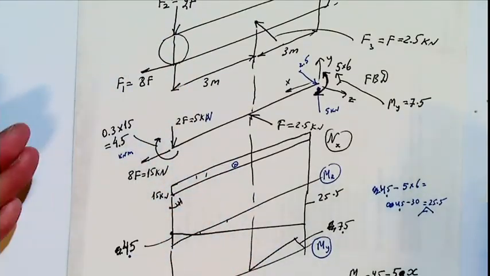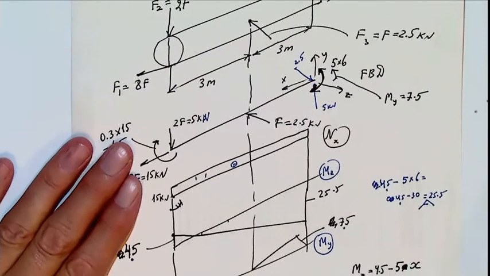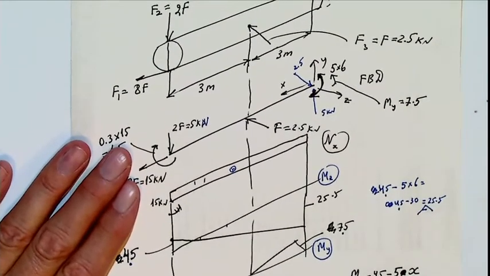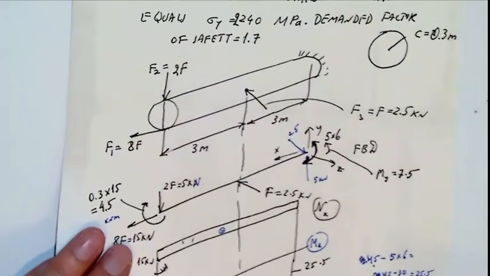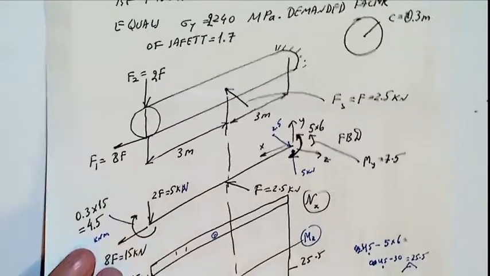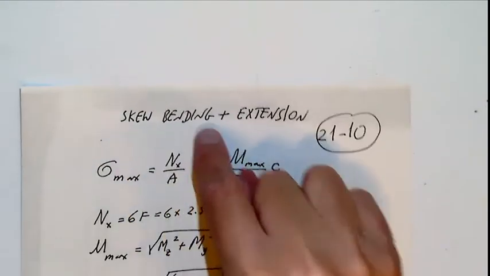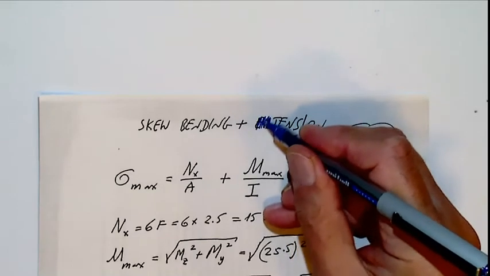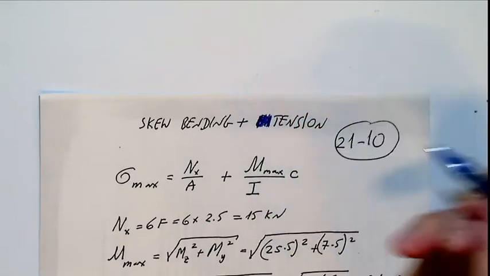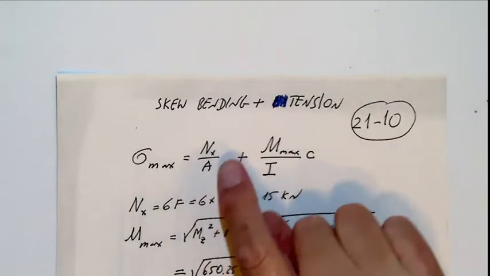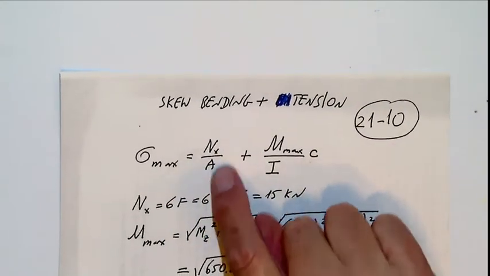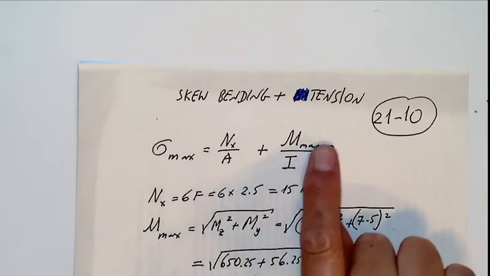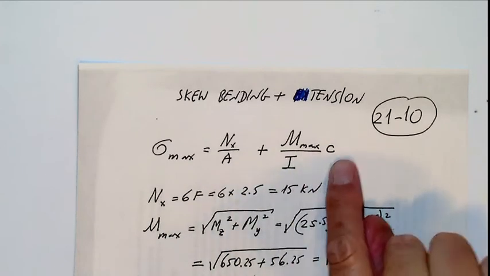Now we will calculate the stresses. Okay. So what we have here is skew bending plus extension or tension. Sigma x equals Nx over A, that is the axial stress, plus M maximum over I times c.